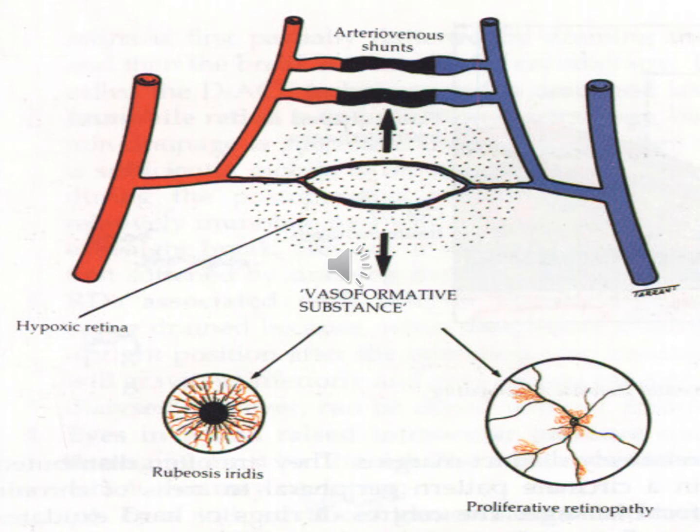The site for this new vessel formation could be at the optic disc, could be elsewhere in the retina, or involve the iris. When it involves the iris, we call the condition rubeosis iridis. So the sequences of occlusion will be proliferative diabetic retinopathy with its complication.